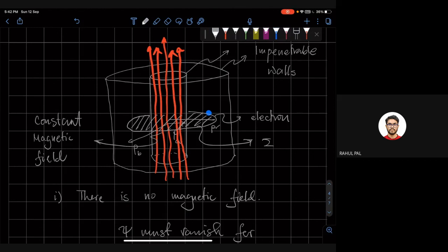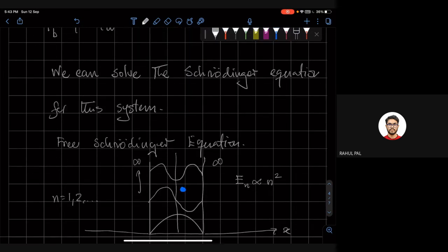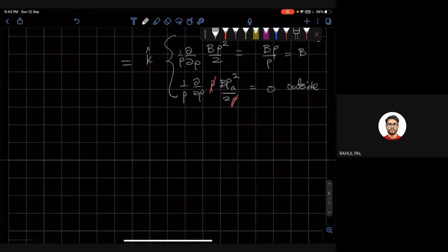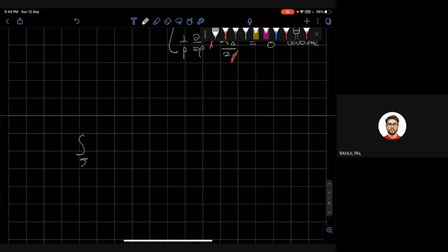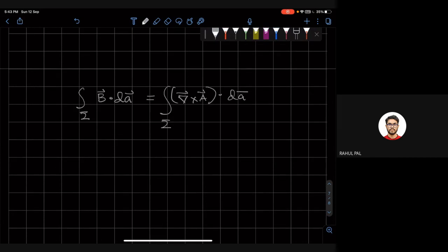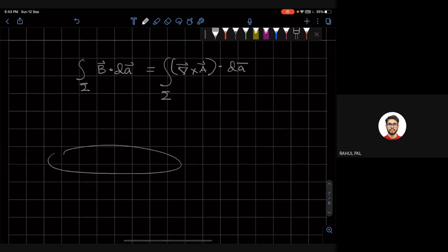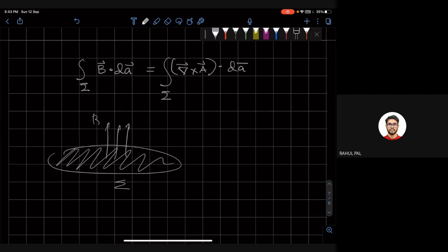And now we want to calculate the flux through this disk. So the flux through this disk is the integral of B dot dA, right? Now, first we can write B as the curl of A, dotted with dA. But we know, using Stokes' theorem, let me draw this picture again. This is my sigma, and B is going in this direction somewhere. B becomes zero at some point.